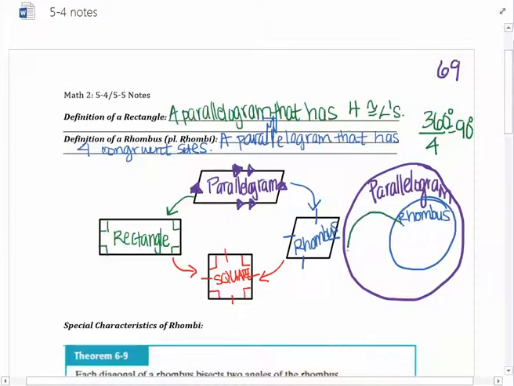And then everything in here would be a rectangle. Again, that's completely contained within parallelograms. And then this overlapping section right here of rectangles plus rhombuses, those are your squares. I could barely fit the word in there, but that's another way that you can represent it with a Venn diagram.